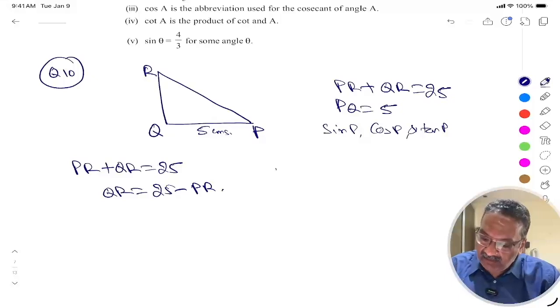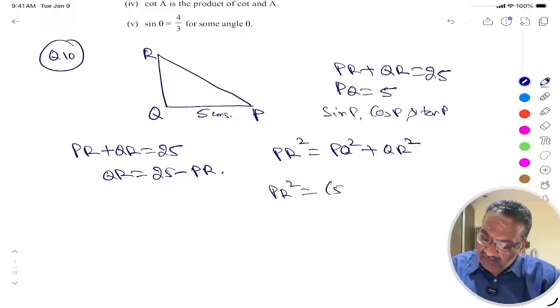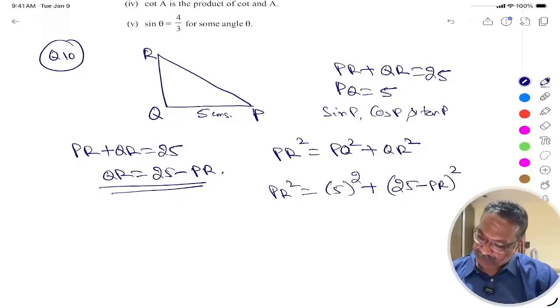Pythagoras theorem says hypotenuse square is equal to the sum of squares on the other sides. So PR square is equal to PQ, which is 5 centimeters, 5 square plus QR, which is 25 minus PR, whole square. Does this help? Let us see.